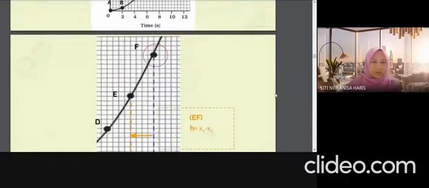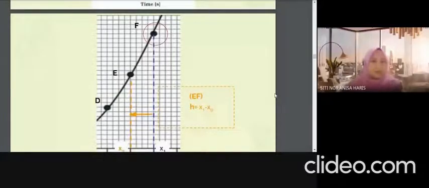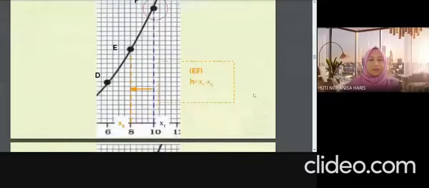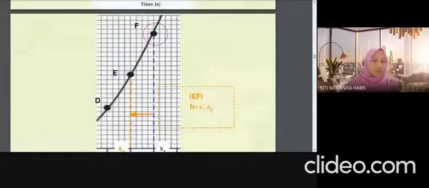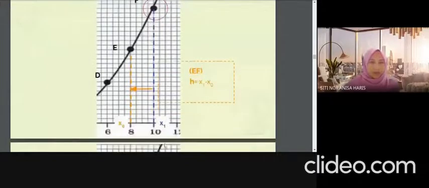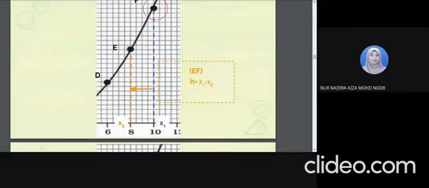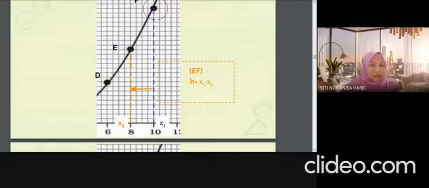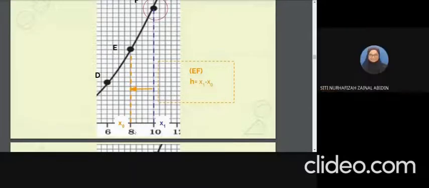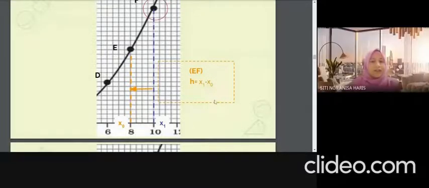So we need to calculate the value of h for each secant. For EF, h is equal to S1 minus S0. This is S1 and this is S0. What is the value of S1, class? 10. And minus S0, which is 8. Then we will get 2.